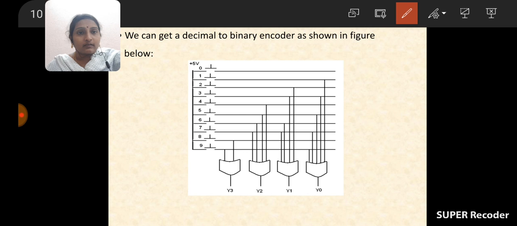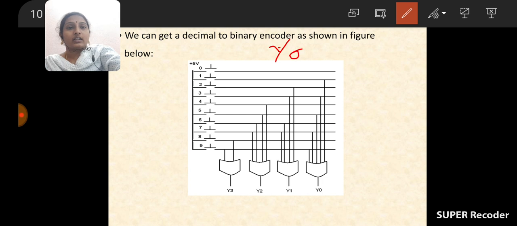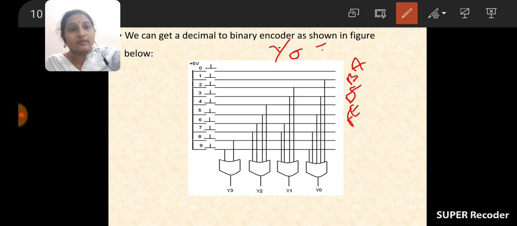And see here, how can we write the logical expression of Y0? Y0 is connected to the first push button switch. For example, if we label the inputs A, B, C, D, E, F, G, H, I, J, the logical expression is B plus D plus F, and so on.